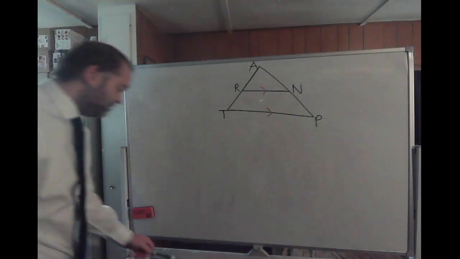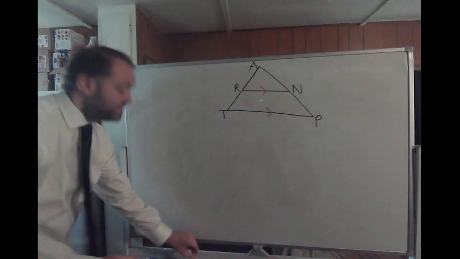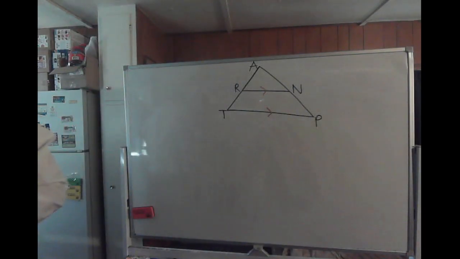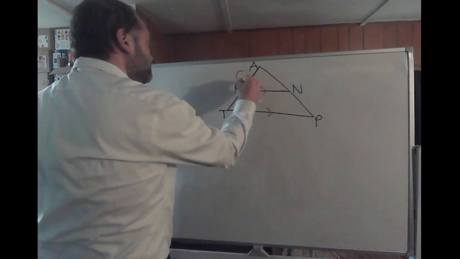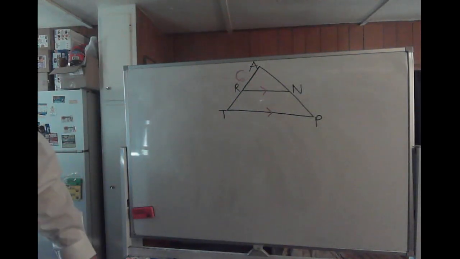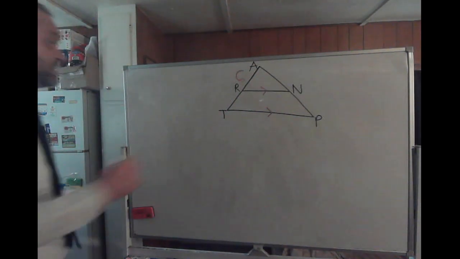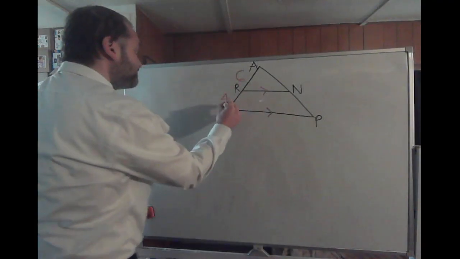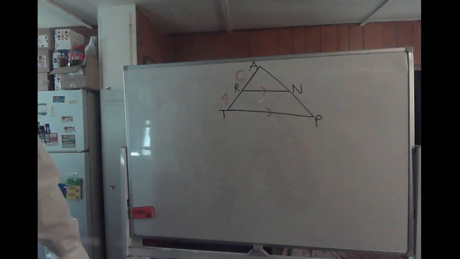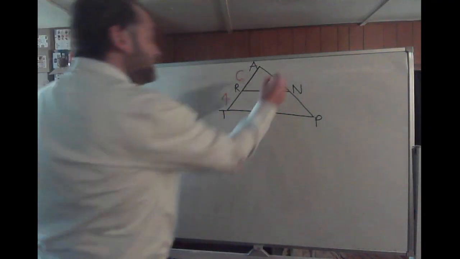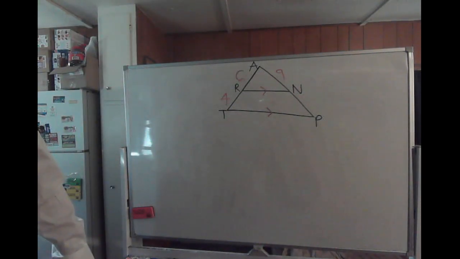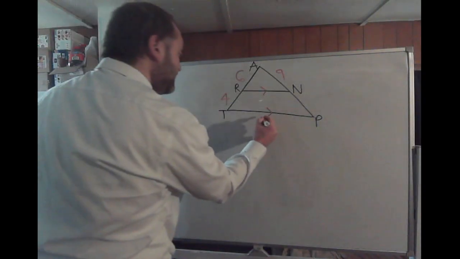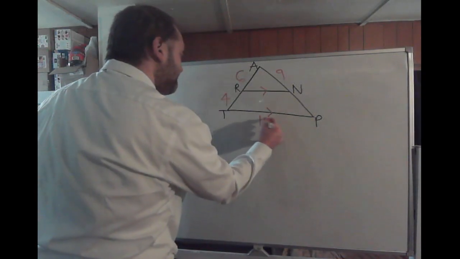Well, I'm not going to put it in table form, but instead I'll explain what we're going to do. The length of AR is going to be 6. The length of RT is 4. What else are we given? AN has a length of 9. We don't know NP or AP or RN, but TP has a length of 15.